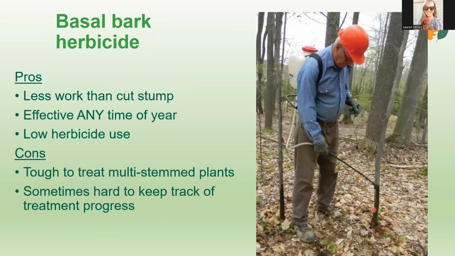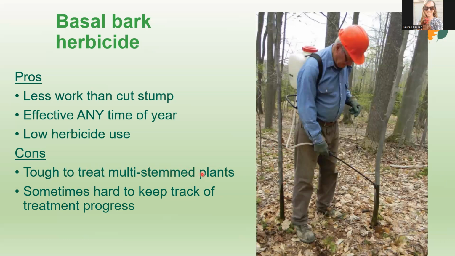This works because Garlon is an oil-based herbicide, so it'll absorb through the bark and get down into the root system. It's a real lifesaver. All you need is either a backpack sprayer or a little handheld sprayer, so you don't need to be lugging around a chainsaw.